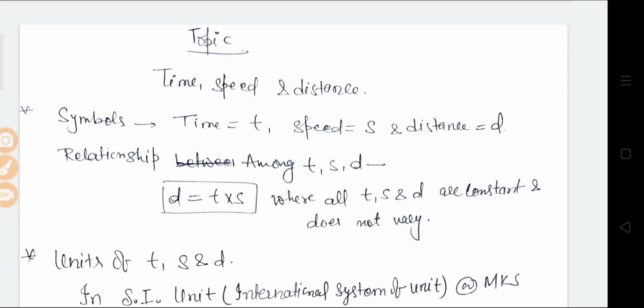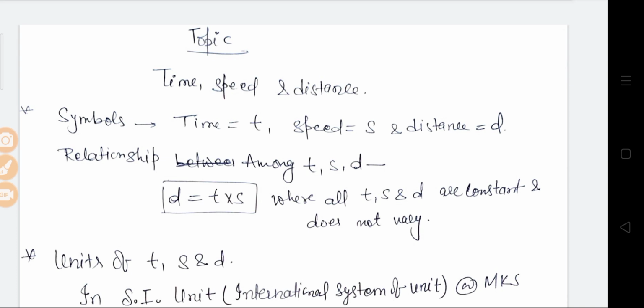So what is the relationship between distance, time and speed? Distance equals time into speed, where time, speed and distance are constant and do not vary.